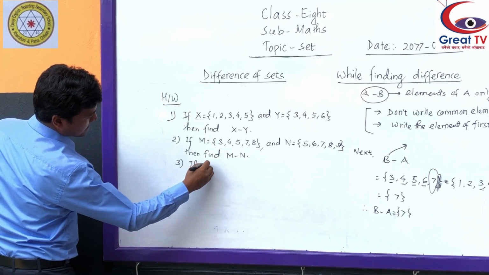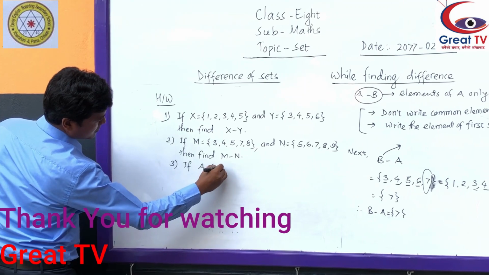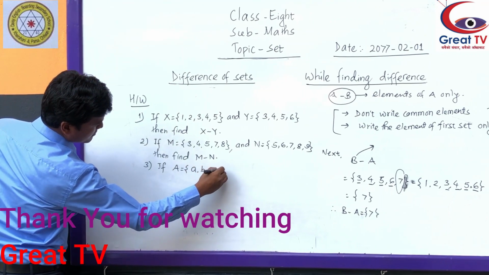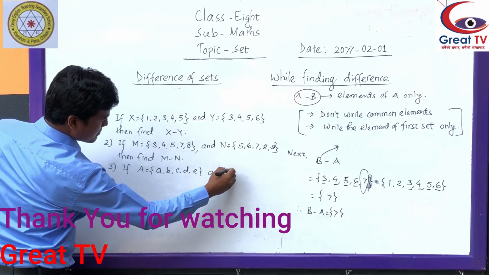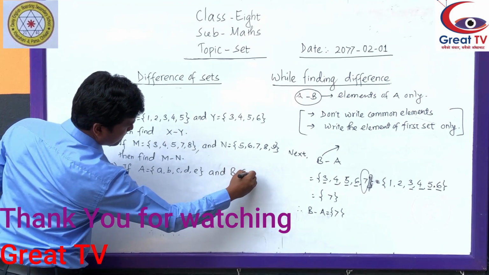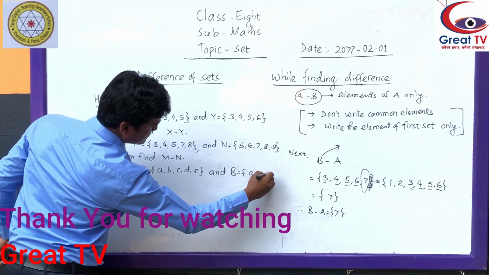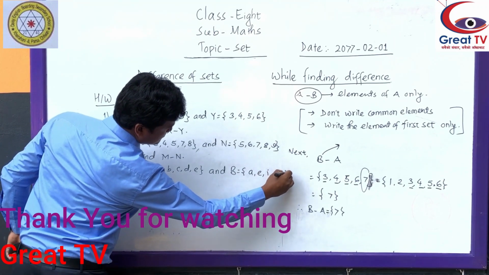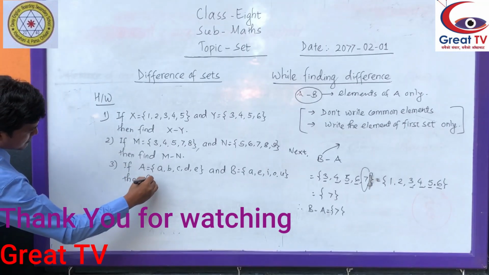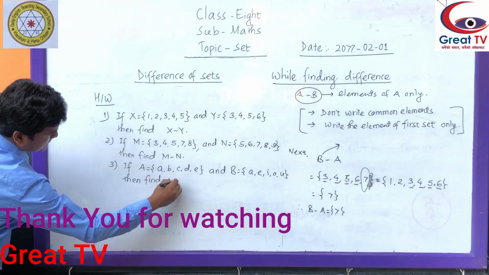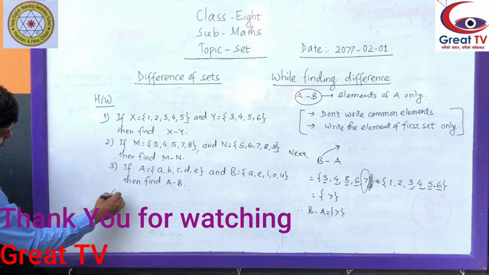If A equals a, b, c, d, e and B equals a, e, i, o, u, then find A difference B.